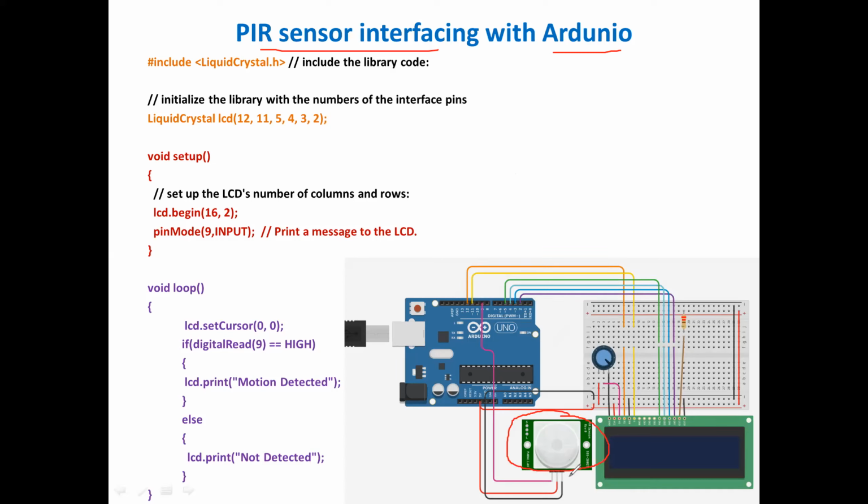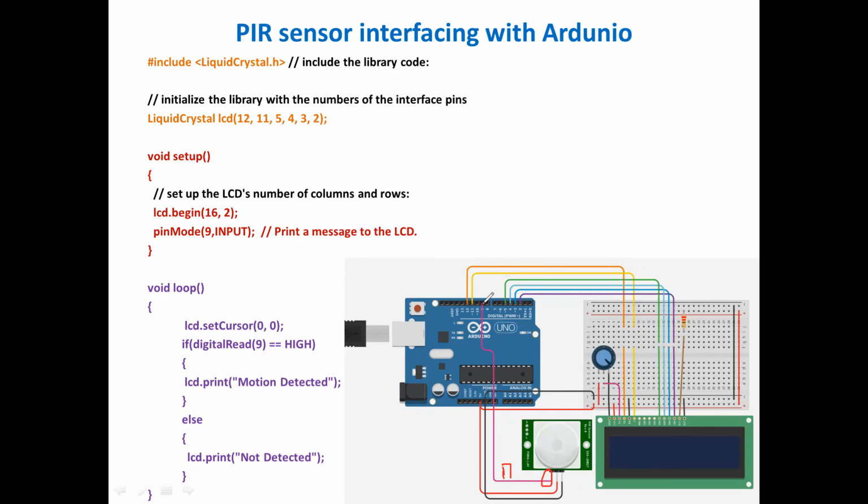In this PIR sensor, we have 3 terminals. One is the 5-volt, ground, and then the signal pin. If any object is detected, it will provide a digital signal, for example a high signal, a pulse.